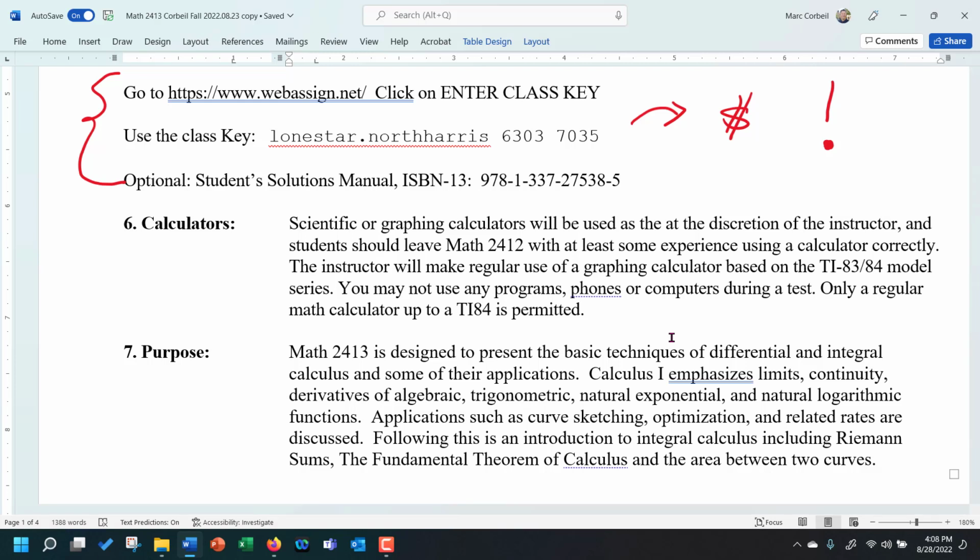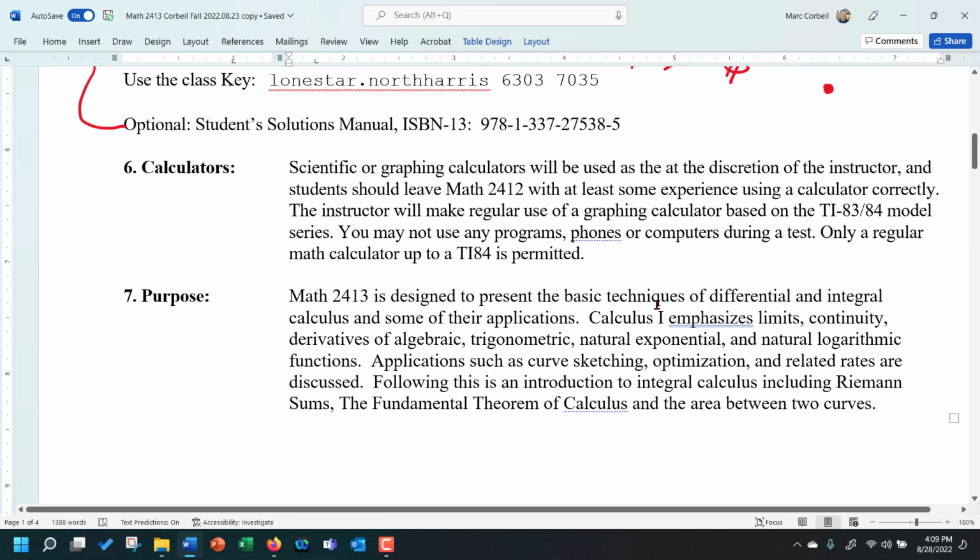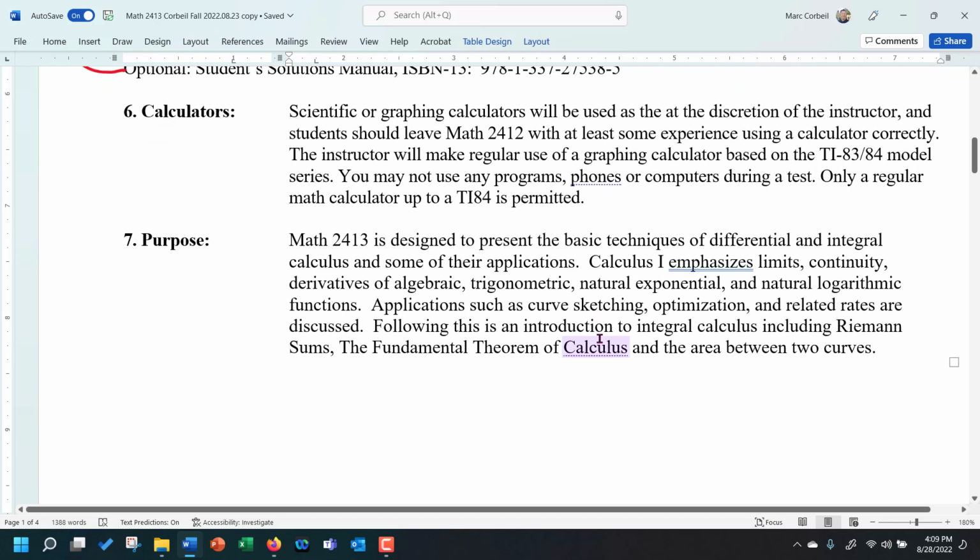We don't usually allow students to use a graphing calculator that's a computer algebra system. So a TI-92 or 91, 89, anything like that. We want you to stick with a TI-84 or a TI-84 CE. That's fine. There's a Casio model as well. I believe the 6850 is a common model. You could use that. It's just not as good as the TI.